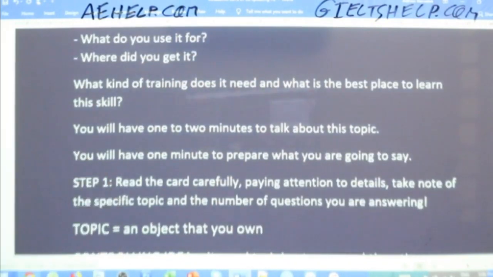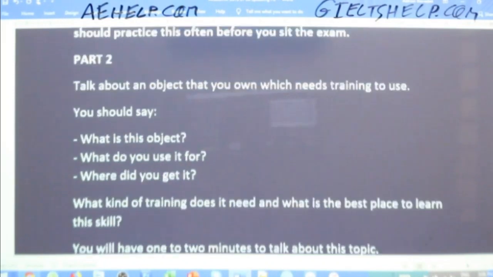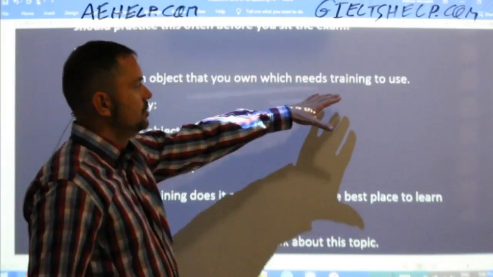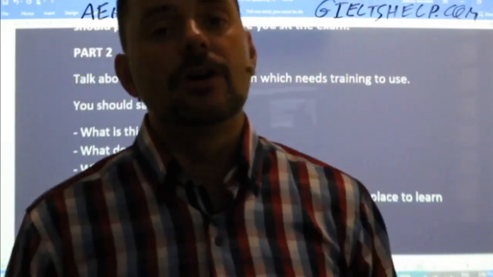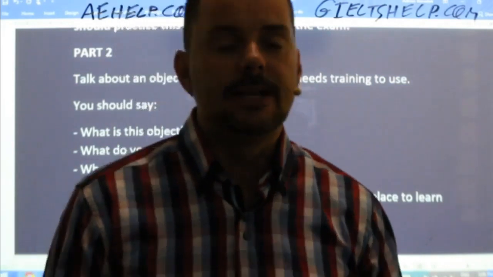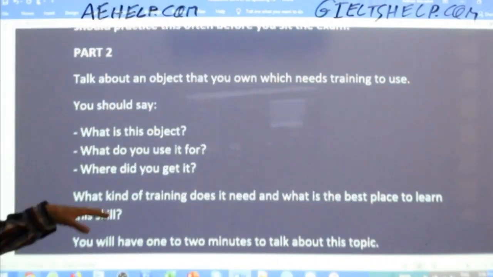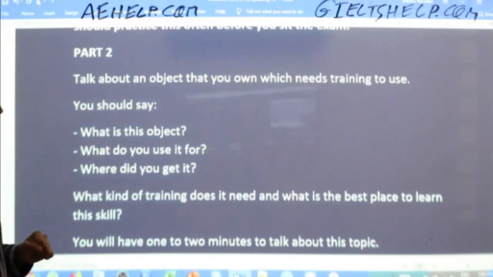If you talk about an object, let's say you have really good English skills, students, and you talk about an object that needs training to use, like the piano. You're like, the piano is an object that needs training to use. You use it for entertaining people, playing beautiful music.